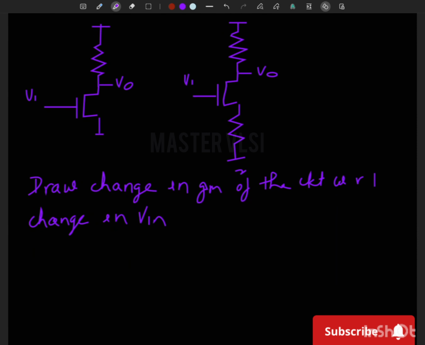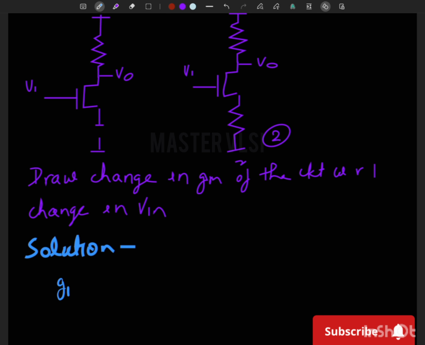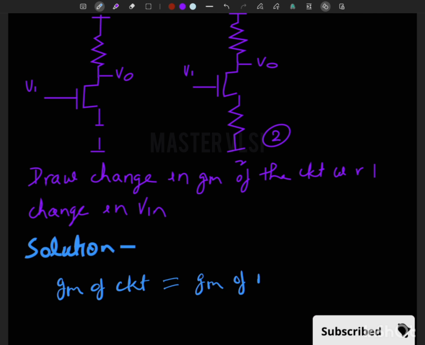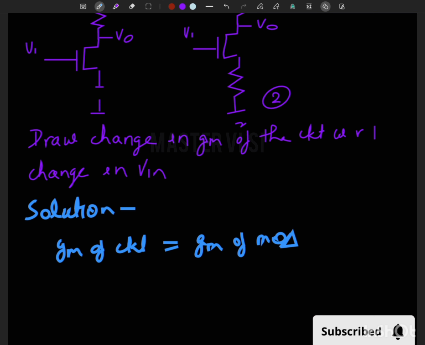Now we will see for the first case, this is the first, this is the second. Solution. For the first case, GM of the circuit is equal to GM of the MOS.